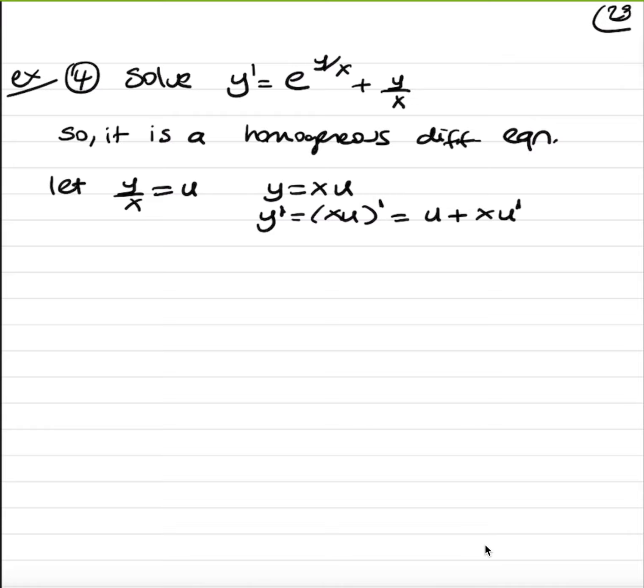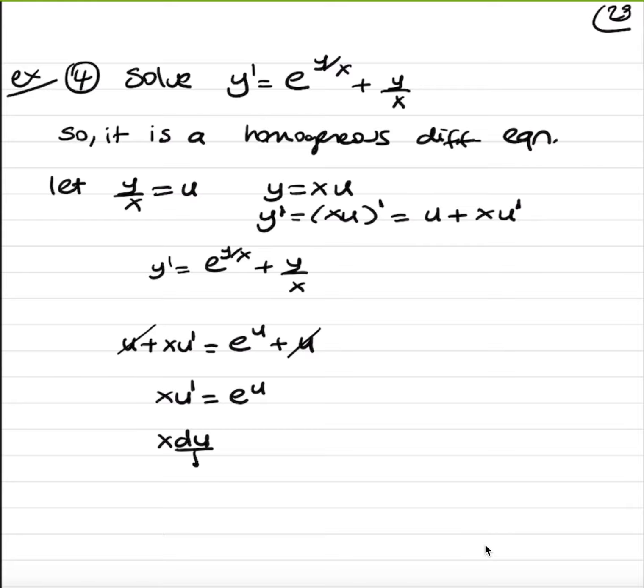And then we will substitute these in the equation. So we have y prime is equal to e to the power y over x plus y over x. So y prime is u plus x u prime, equals e to the power u plus u. So the u's will cancel, and we have x u prime is equal to e to the power u, or x times du over dx is equal to e to the power u.